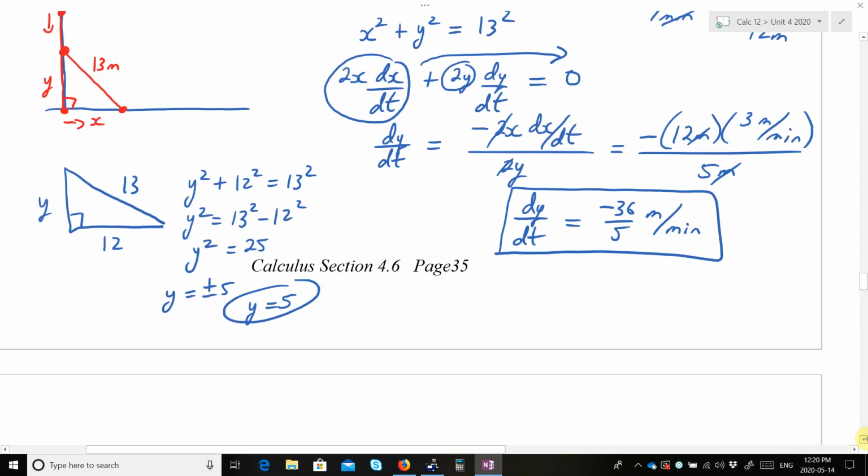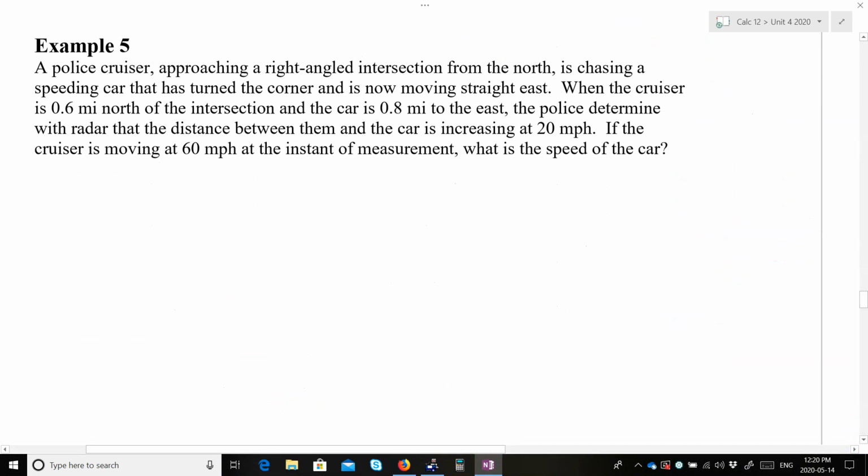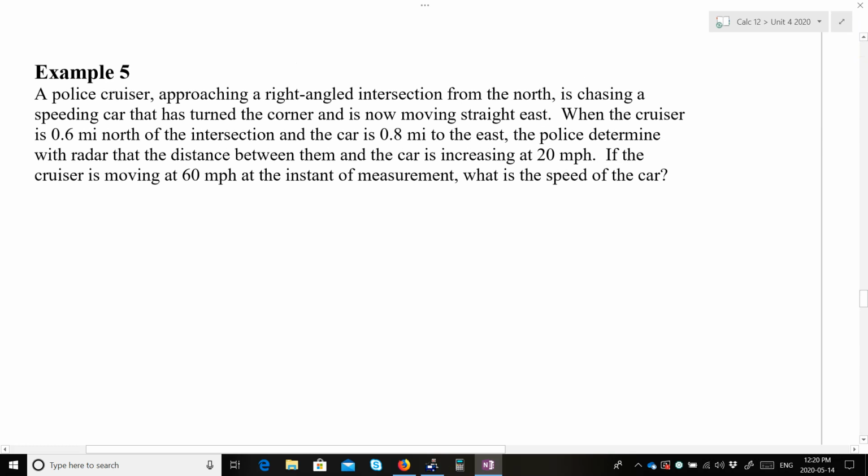Okay, we're almost there. It looks like 3 more examples here. So example 5 says a police cruiser approaching a right-angled intersection from the north is chasing a speeding car that has turned the corner and is now moving straight east.